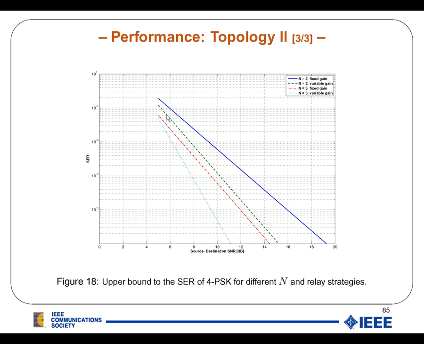I remind you it is 2n, so variable gain would be 4. Whereas with a fixed gain and with 3 receive antennas, it is also 4 because it's n plus 1. So as you see, it has the same steepness, the same diversity order. But in the case of a variable gain, you get away with fewer receive antennas. But the disadvantage is that you would need a feedback channel to feed back the instantaneous channel gains.